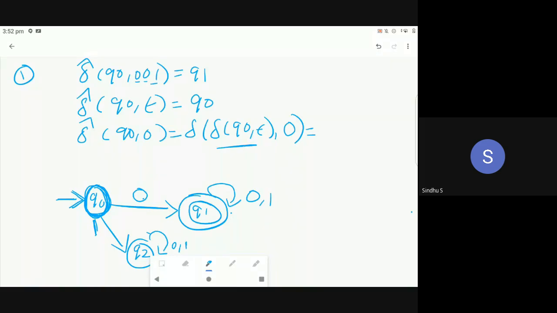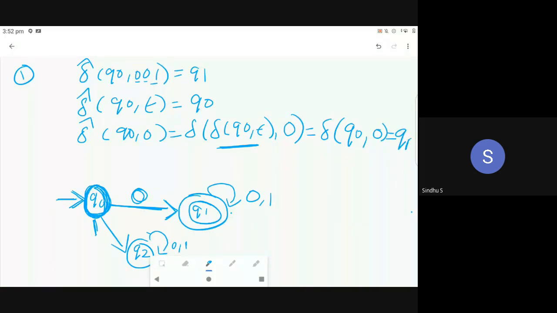I know the result of q naught comma 0. Just see in the diagram, if I am in the state q naught and I apply 0, what is the next state after applying the alphabet 0? Q1.